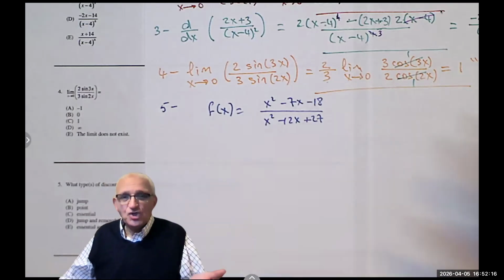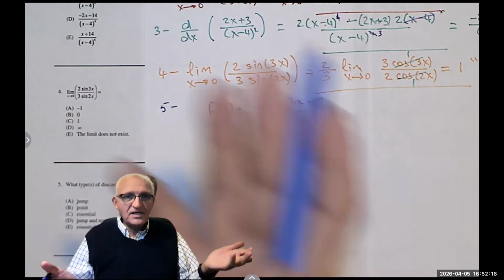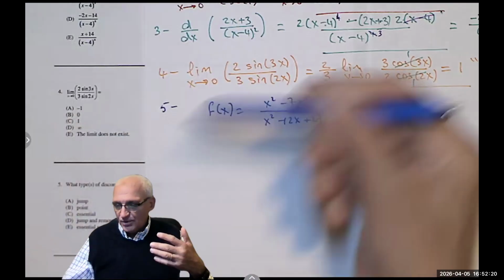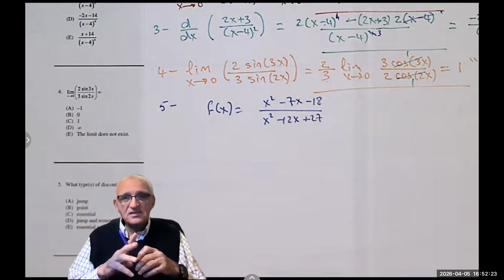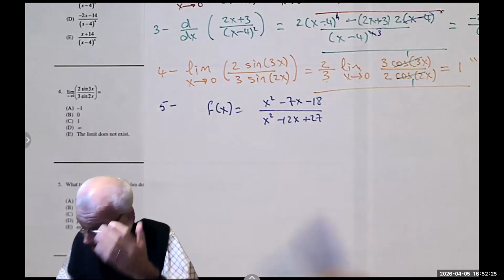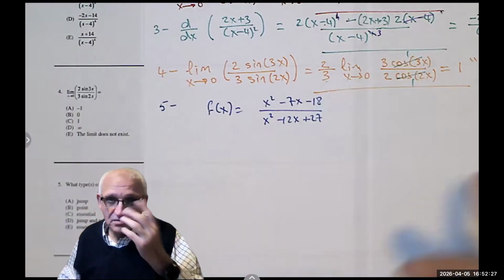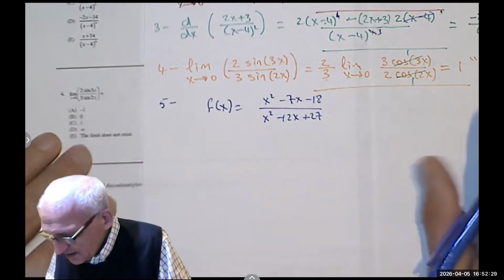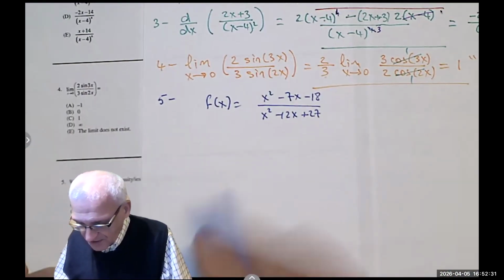Here we won't get a jump discontinuity, right? It's only one function, and both the numerator and the denominator are polynomials, so you won't have that. So I can just ignore the jump.